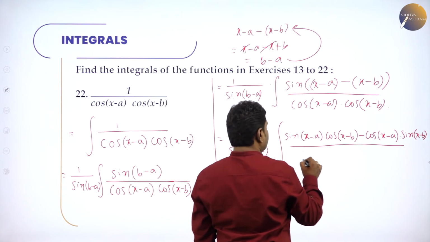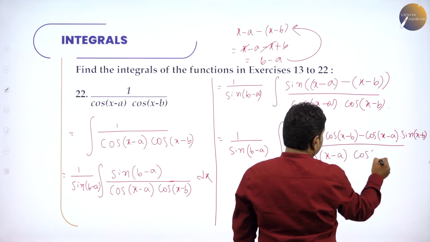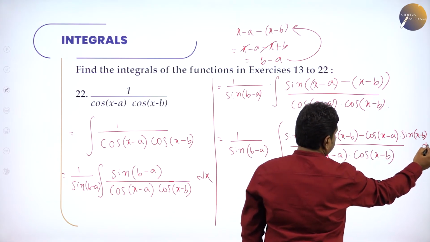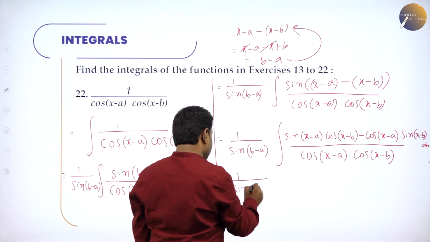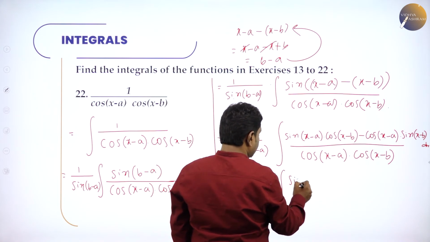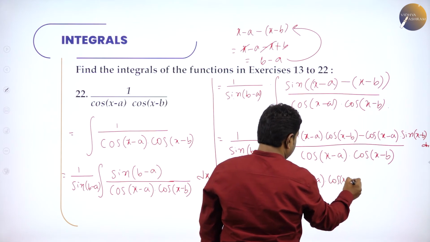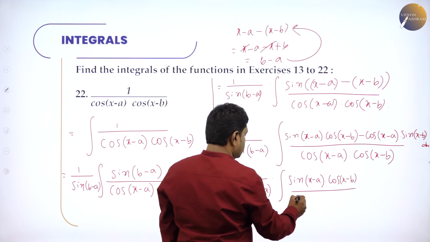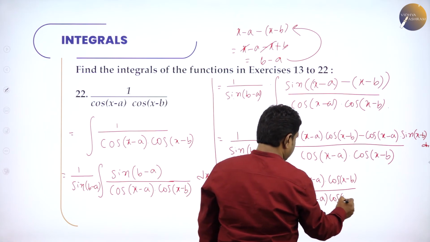So now the denominator will be as it is. Now split them. So 1 divided by sine of b minus a. Now splitting this, you get sine of x minus a into cos of x minus b divided by cos of x minus a into cos of x minus b.